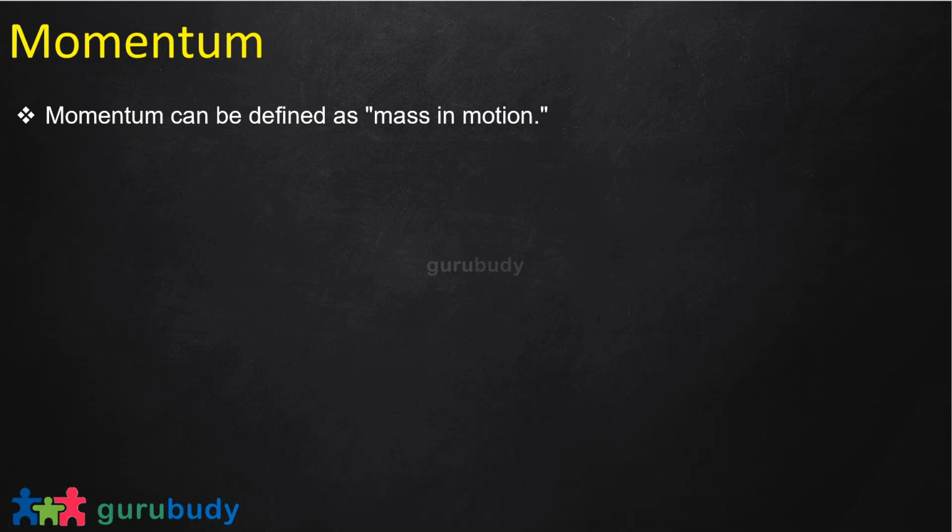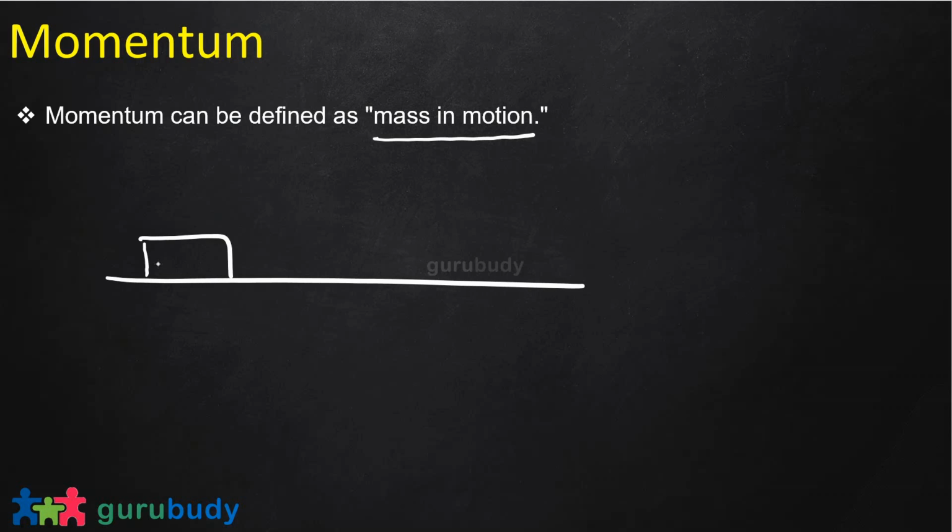In scientific terms, we can describe momentum as mass in motion. Any object which has mass, so let's say this box which is 1 kilogram, has a mass of 1 kilogram. Now if it is moving with some velocity, you will say it has momentum.